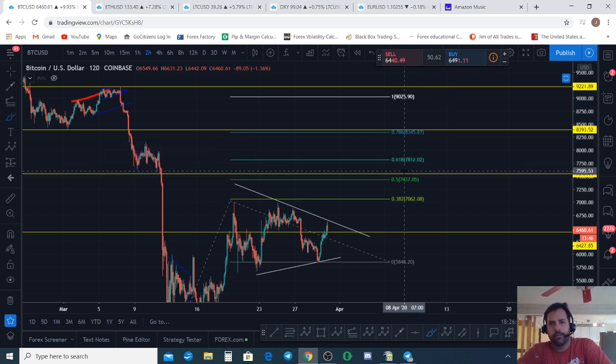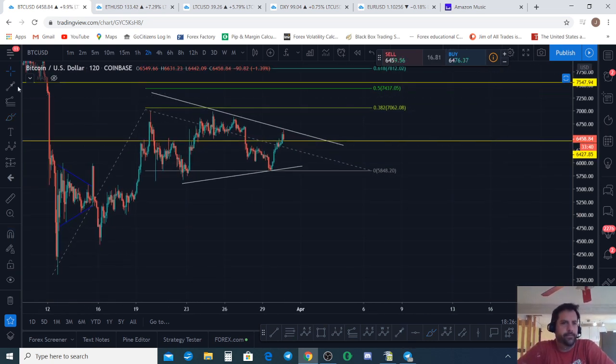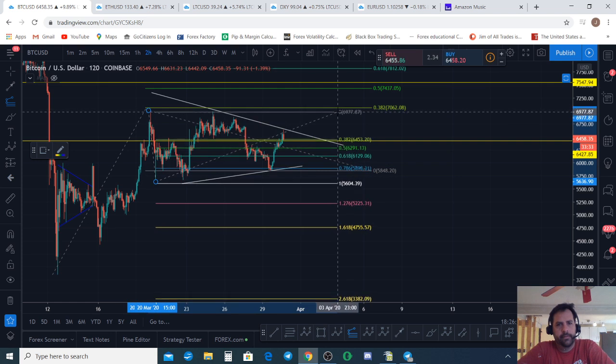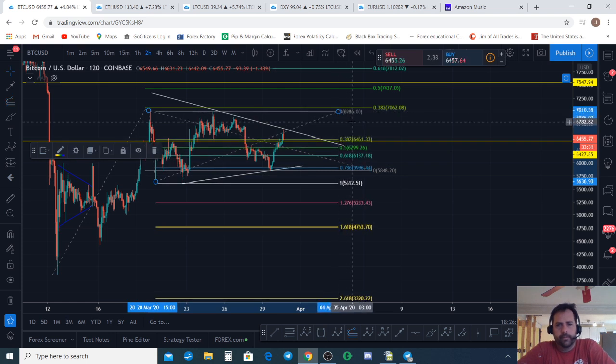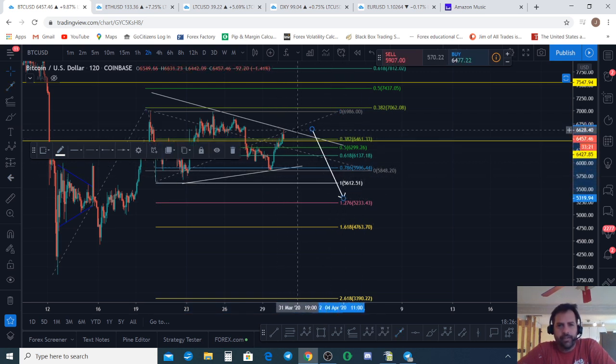So let's see, if we come down here, we're looking at 52.33. We'd be looking at a move down here. This would have to finish in 3 waves.